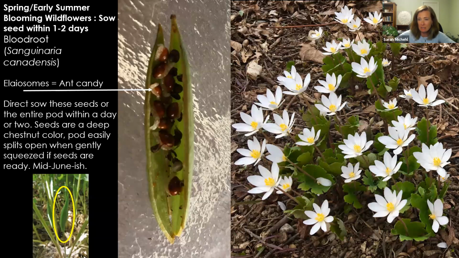It doesn't want the seed itself, and it's going to discard it in a waste chamber section of the ant tunnel that has dead ant bodies and excrement in it. And it's the perfect fertilizer ever for that seed to grow. So there's a bunch of different woodland wildflowers that depend on ants to move their seeds around. And that's how they distribute.